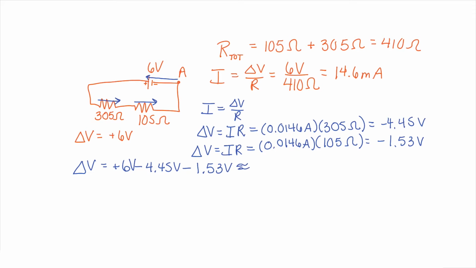So we're going around one complete loop of the circuit, and we started with the battery. We had a positive 6 volts potential difference across the battery because it's providing energy to the circuit. We lost 4.45 volts when we went across the 305 ohm resistor, and we lost 1.53 volts when we went across the 105 ohm resistor. If we add all of these up to our measurement sensitivity, it's approximately 0 volts.